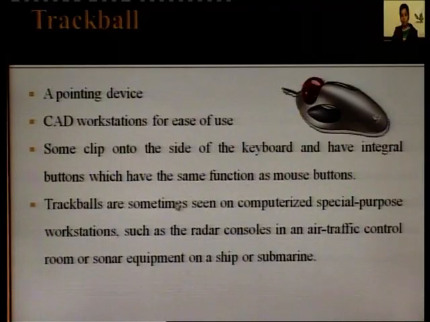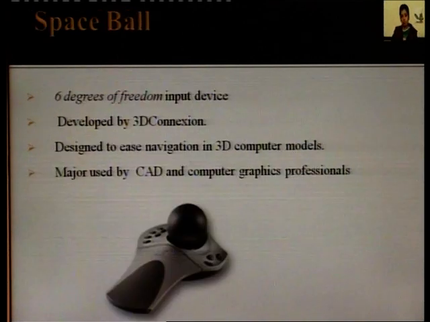Trackballs are sometimes seen in computerized special purpose workstations such as radar consoles in an air traffic control room or sonar equipment on a ship or submarine. Okay. So in submarines, sonar equipment and air traffic control, they all use trackballs instead of a mouse.